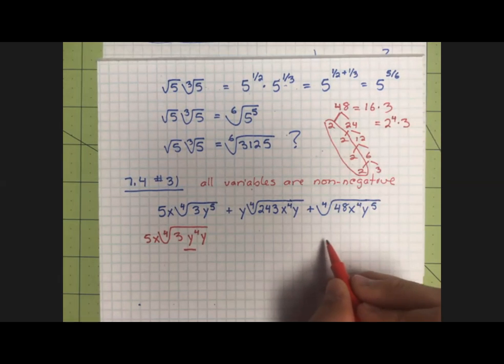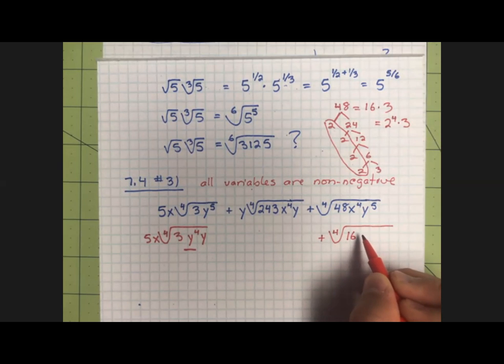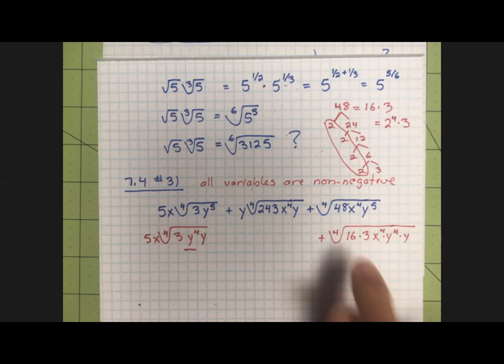Okay, that's going to let me fix that one. 4th root of 16 times 3, that'll be the 48, x to the 4th, y to the 4th, and one more y. Okay, so I see my perfect 4th powers right there.